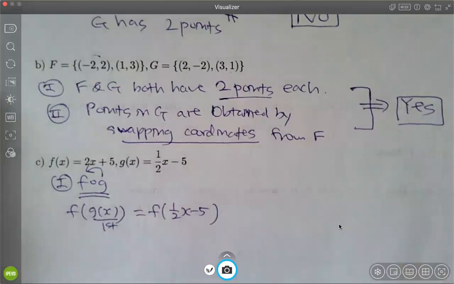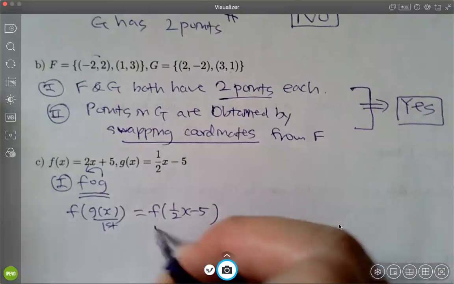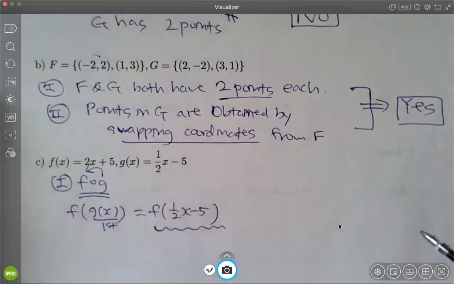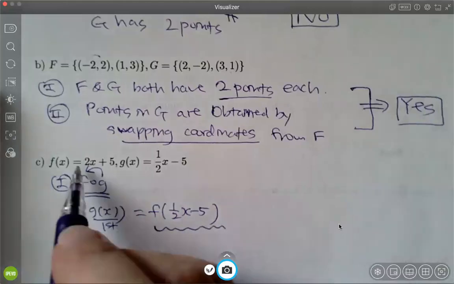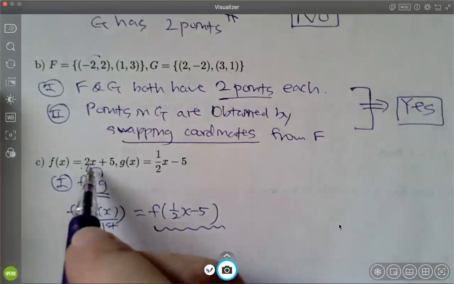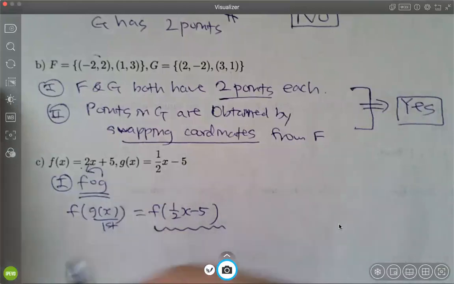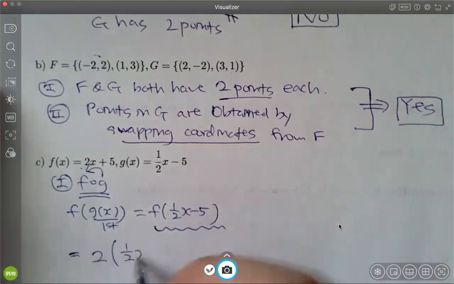What does this mean? We plug 1/2 x minus 5 into the x in F, so it's 2 times (1/2 x minus 5), and then plus 5 at the end, right?